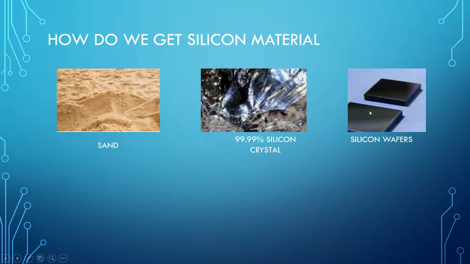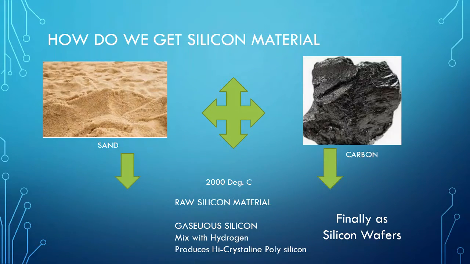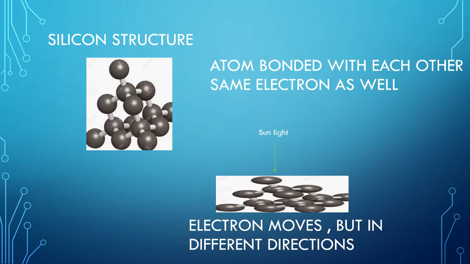These wafers we use for the p-type semiconductor and n-type semiconductor. So we form the solar cell with the help of the silicon wafers. We do some processes here to split the silicon from the sand, and finally we get the silicon wafers.